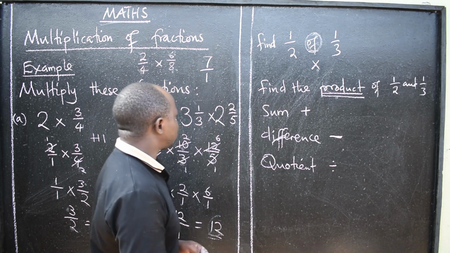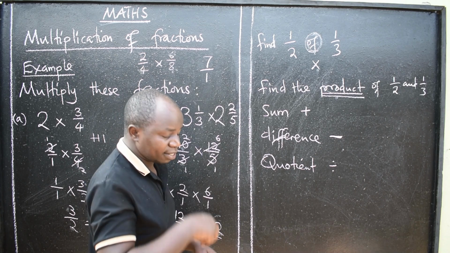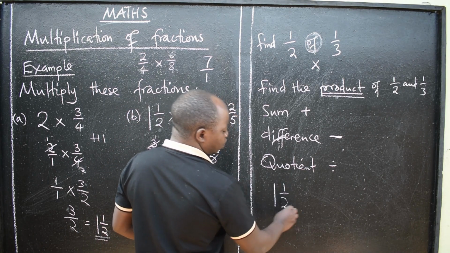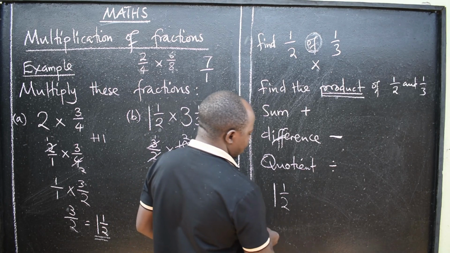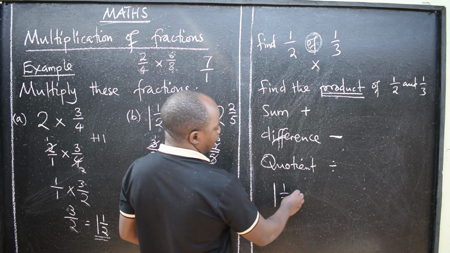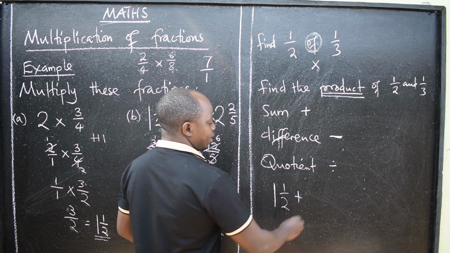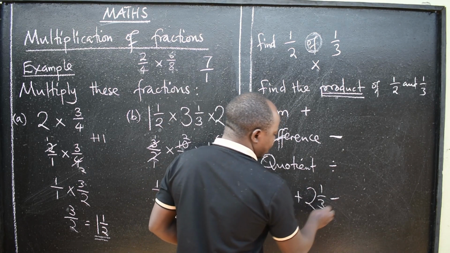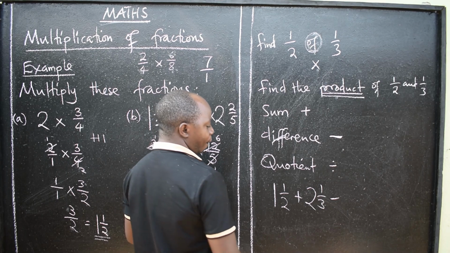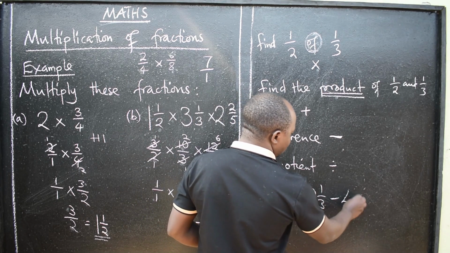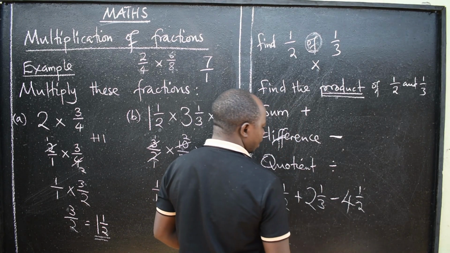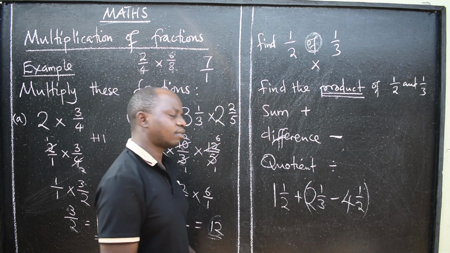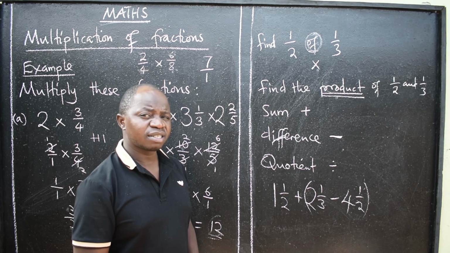There are also times when we can give you something like this. There is no problem. We can say 1 over 2 plus 2 1 over 3 minus 4 1 over 2. Then probably we put brackets here. I see that?